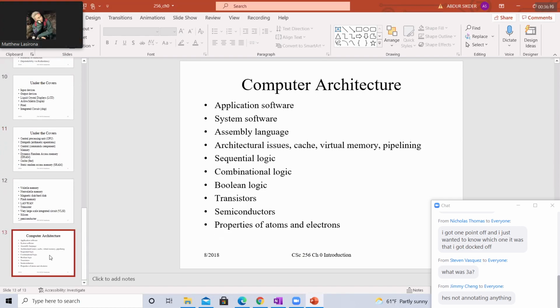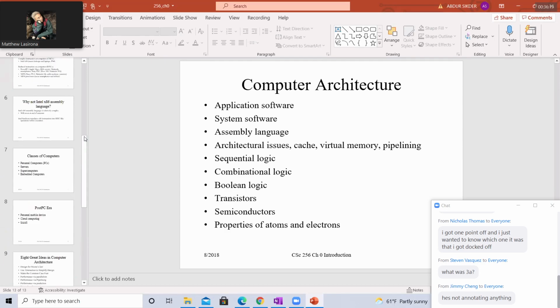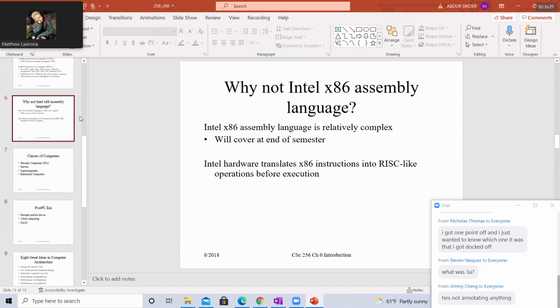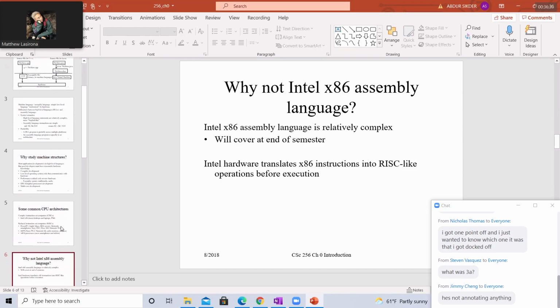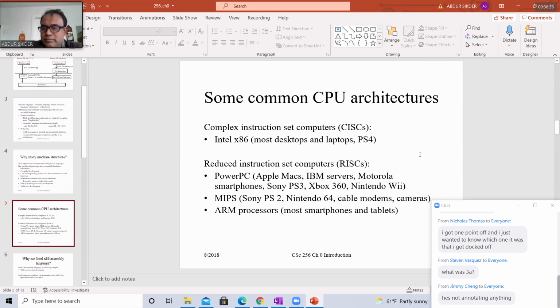Professor, when you ask for the examples for RISC, are you looking for MIPS and PowerPC, or are you looking for phones, like PS4? Are you looking for something specific? No, really, just any examples. If you say PowerPC, I take it. If you say Apple Macs, IBM, I still take it as the correct answer.